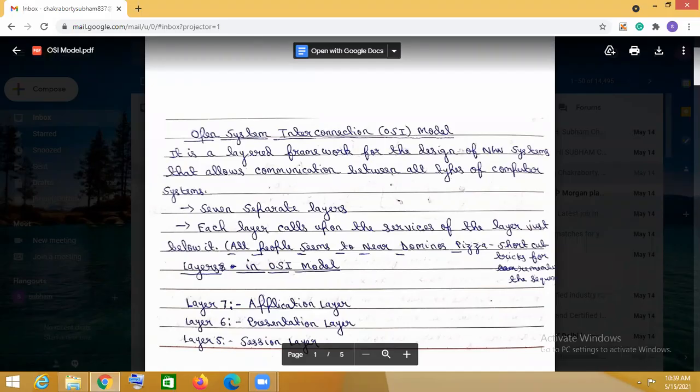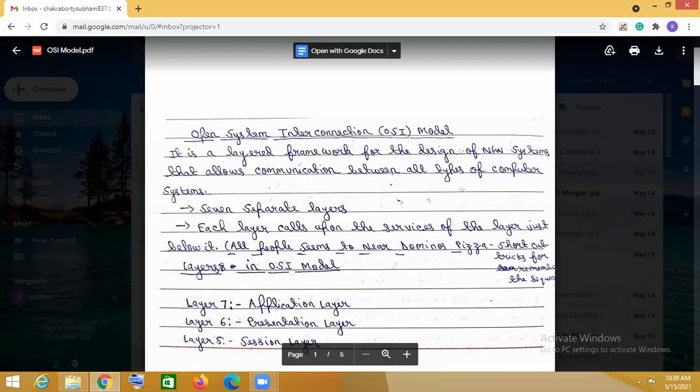Each layer calls upon the services of the layer just below it.